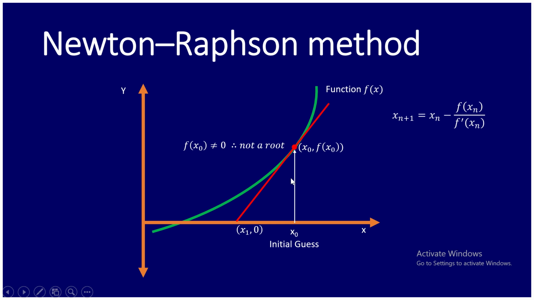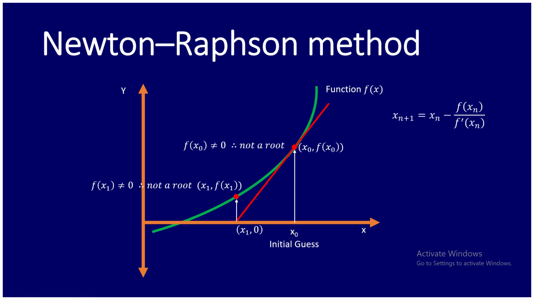Now what we do generally, at present x1 is the approximation. If we substitute x1 into the function f of x, we'll get f of x1. If this value f of x1 is 0, then we'll call x1 the root of f of x.